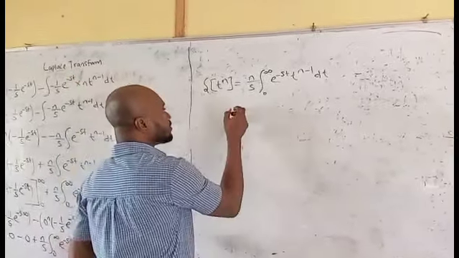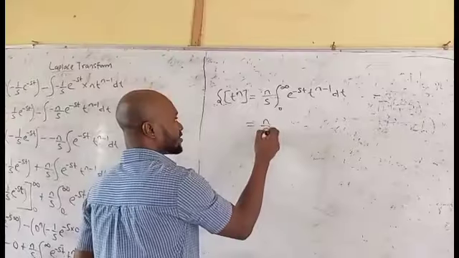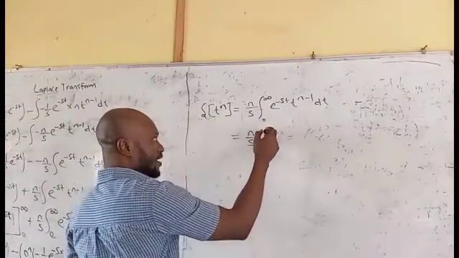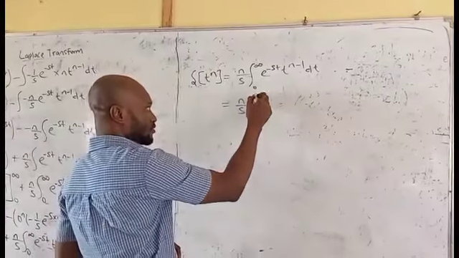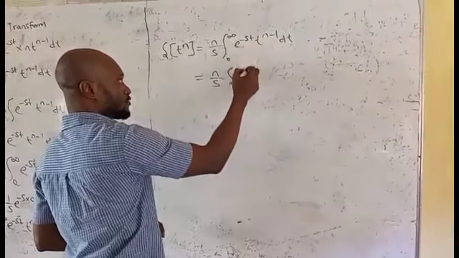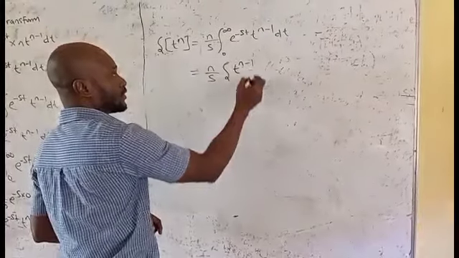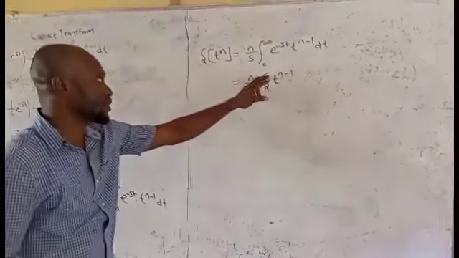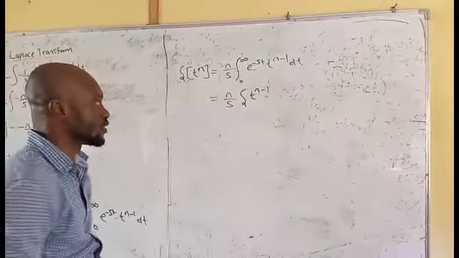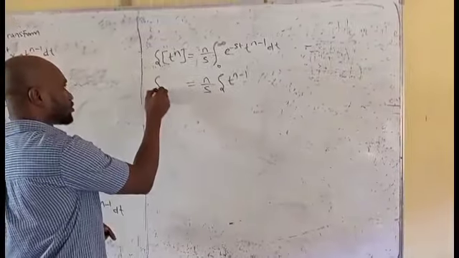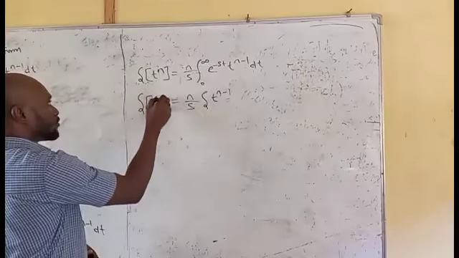So it's the same thing as n over s times the Laplace transformation of t raised to the power of n minus 1. This is what I'm going to get.